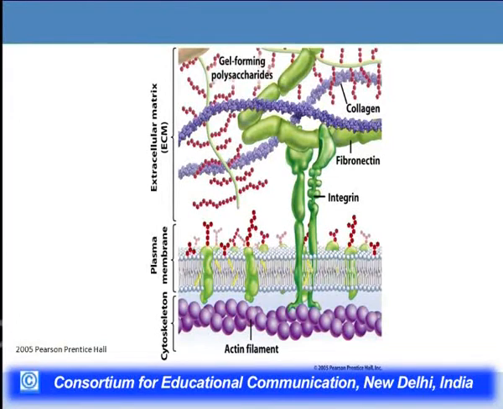Now this particular panel shows us the extracellular matrix, which is beyond the plasma membrane of the cell. As we can see, there are multiple types of molecules present in this environment. Apart from proteins, there are polysaccharides and fibrous proteins, and there are polysaccharides near the plasma membrane. The carbohydrate moieties which project from the proteins and lipids of the plasma membrane make a layer which is termed glycocalyx. It is in close apposition with the plasma membrane.